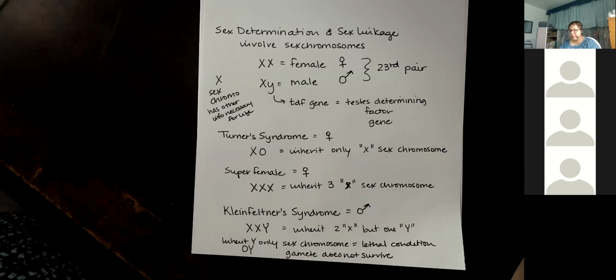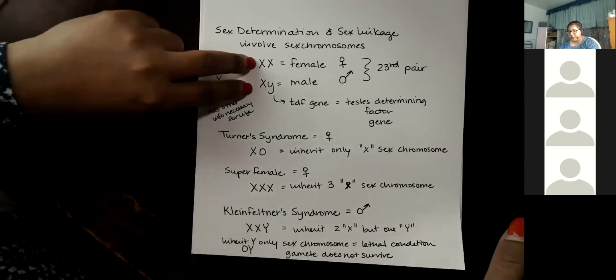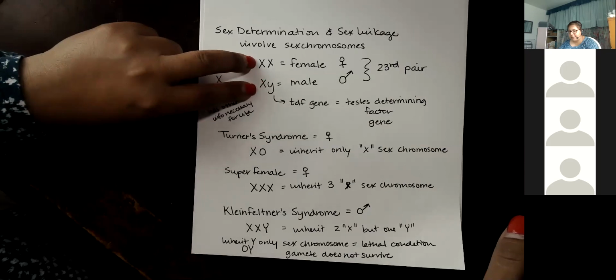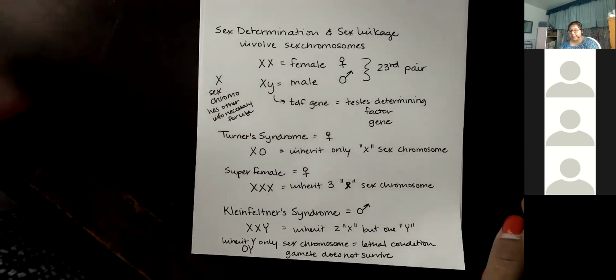So for the rest of this discussion, we're going to limit our talk of sex determination to just regular two X's for females and an X and a Y for male. But let me introduce the idea of sex linkage.